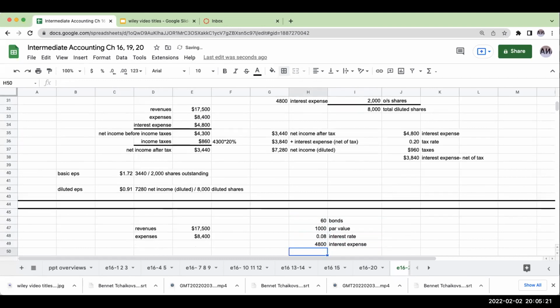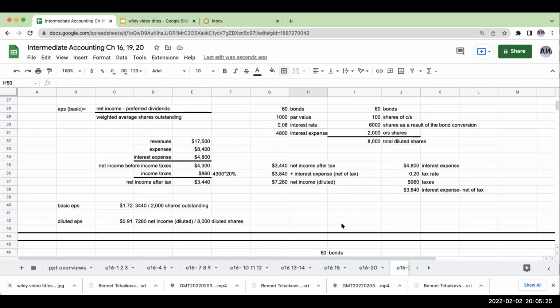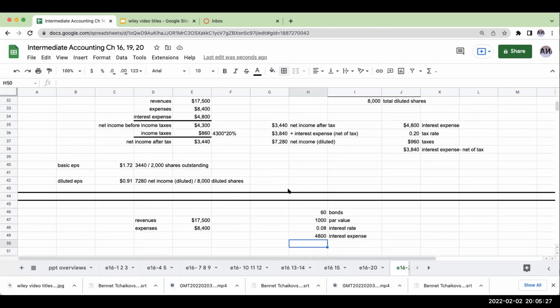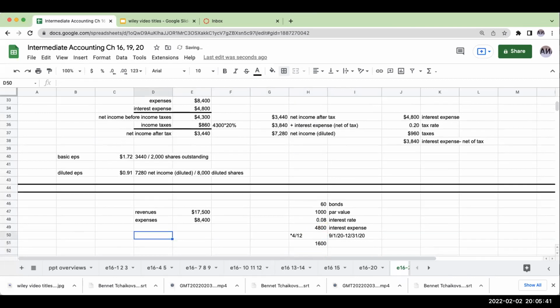So this is for a full year. If the bonds were actually issued on September 1st, I'm going to multiply this value here by 4/12, and I'm going to get 1,600.